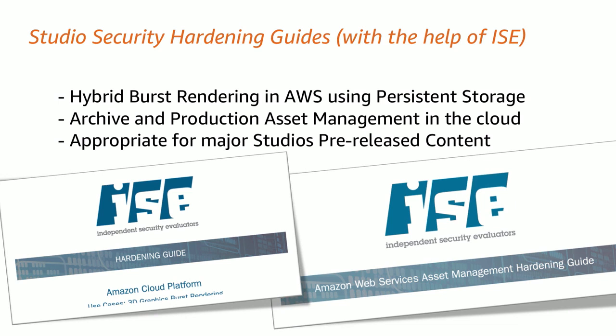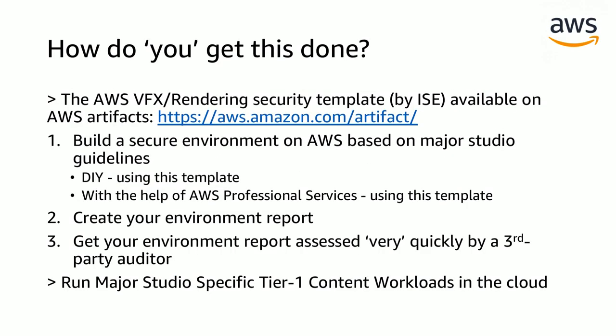Then we worked with our friends at ISC to create assessments, or hardening guides, for the burst render workflow, but also asset management and archive, right? So this is where it's really important to note that it's not just for burst processing, but also for writing or storing tier 1 assets in the cloud.